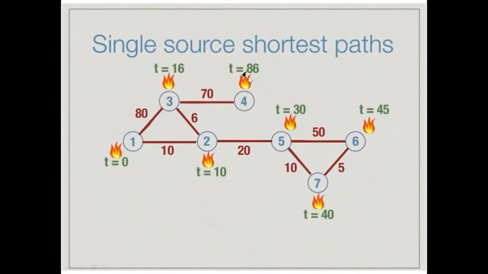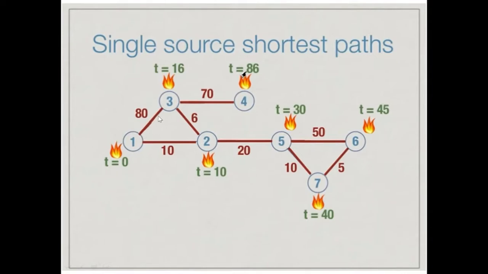So the maximum time that any node will take to reach from vertex 1 is vertex number 4. Reaching vertex 4 from vertex 1 takes the maximum time, or the maximum cost in terms of reaching other vertices. So getting from 1 to 4 will cost us around 86.